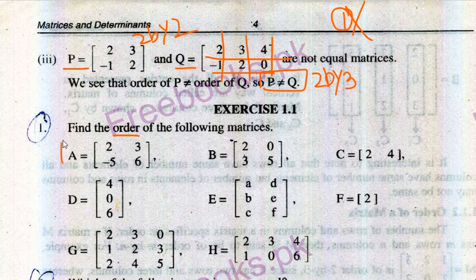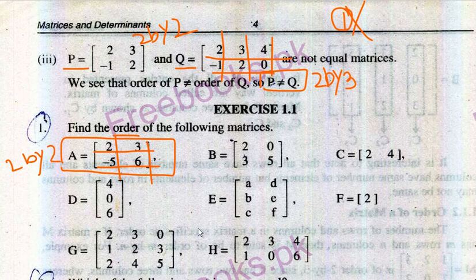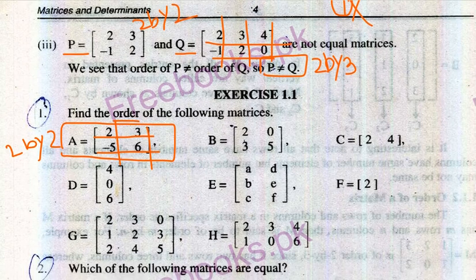For example, this is a matrix A. Its rows are R1, R2, 2 rows and 2 columns. So we can write 2 by 2, right? Similarly, you can do the rest of the parts for question number 1.